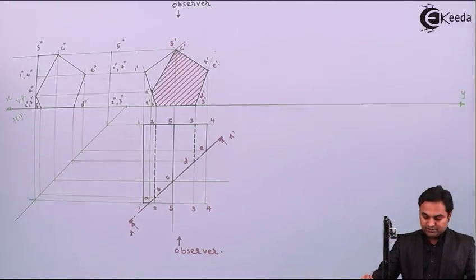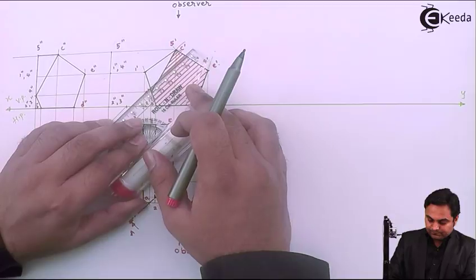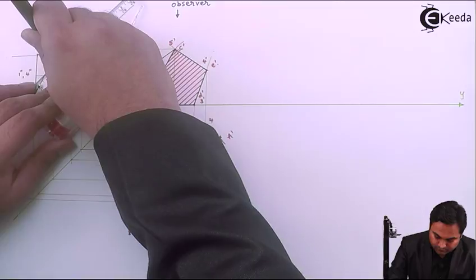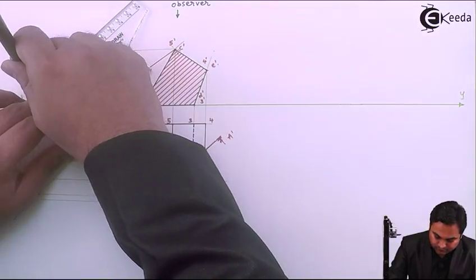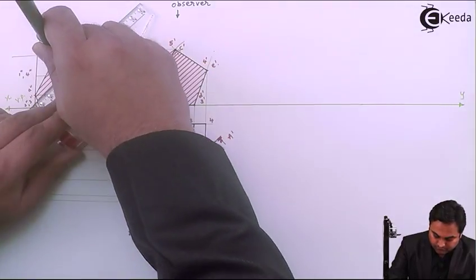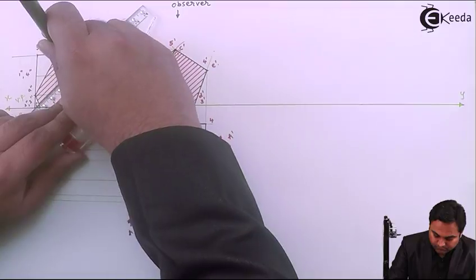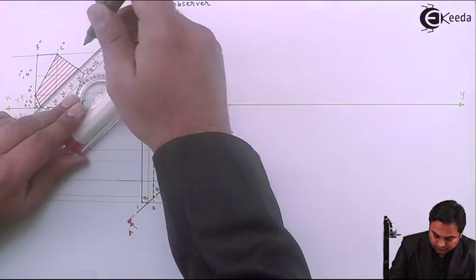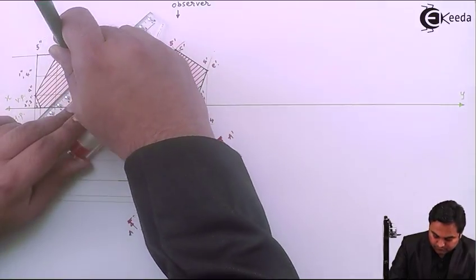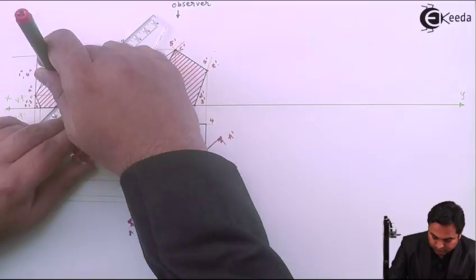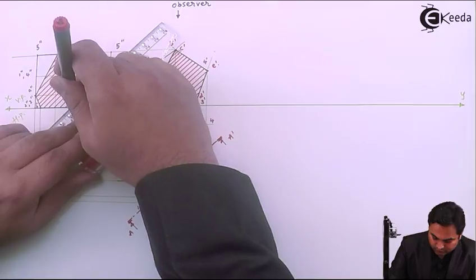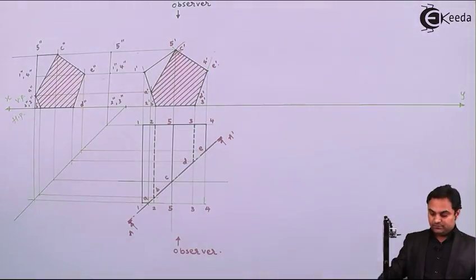So I'll draw the sectioning lines over it. So this is the cut prism.